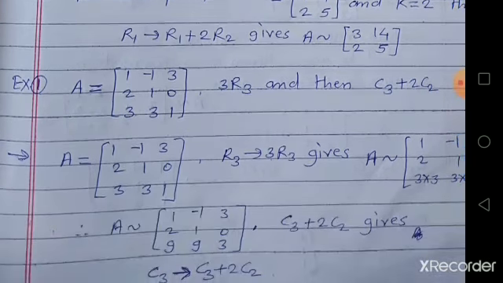First apply 3R3. The matrix A is first row 1 minus 1 3, second row 2 1 0, third row 3 3 1.